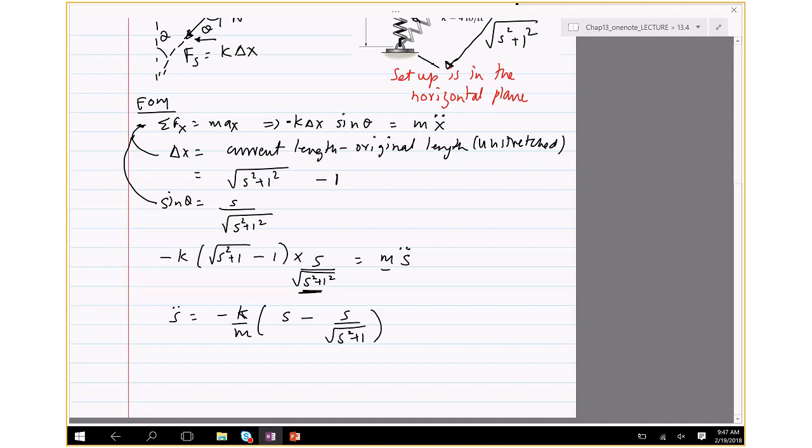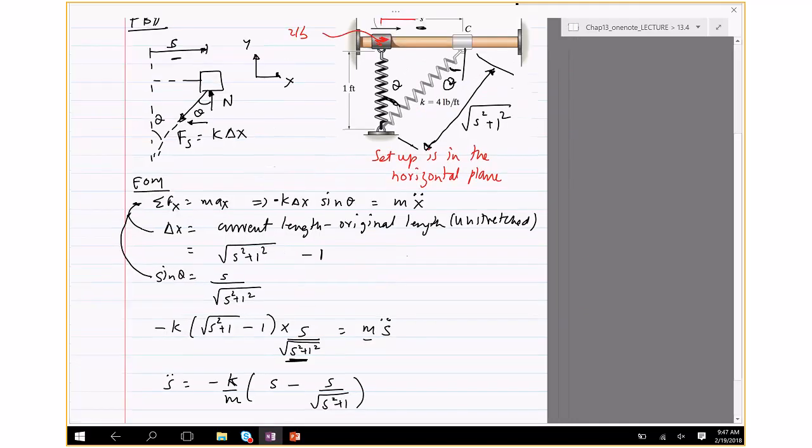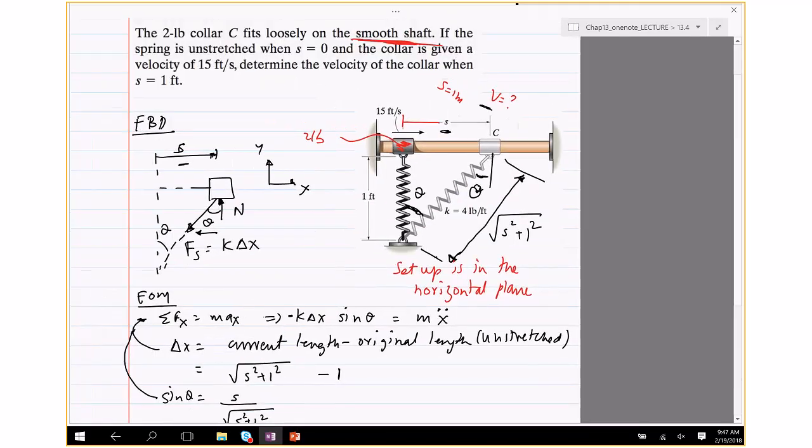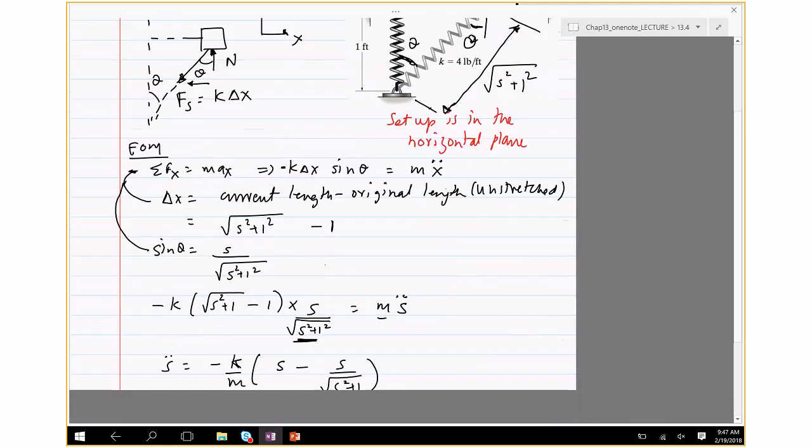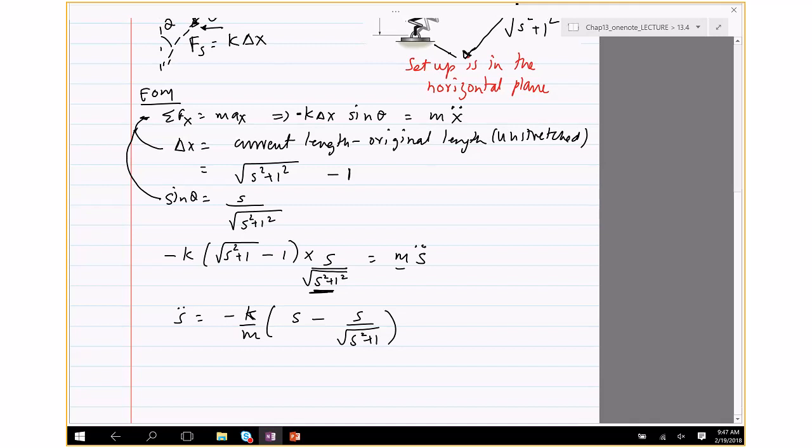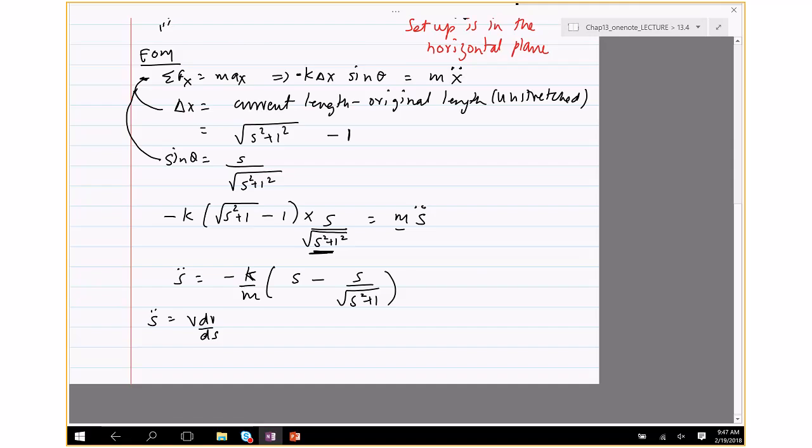Okay, so I'm asked to find the velocity when the displacement is 1 foot. We know that s double dot is acceleration, which is v dv ds. So I'm going to use that.